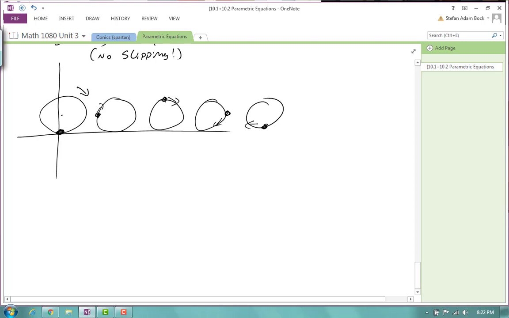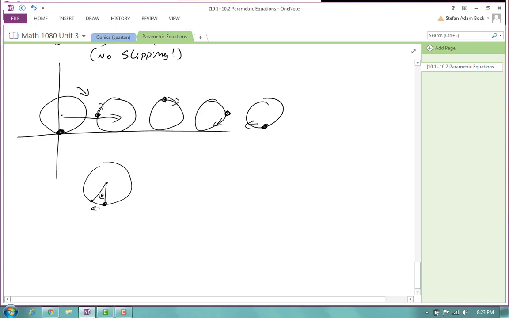And what I'll do is I'll try to track the position of the dot as I'm rolling. So after a little bit of rolling, my dot is going to move, which way is it rolling? It's rolling that way. So my dot is going to be moving clockwise around the center of my wheel.